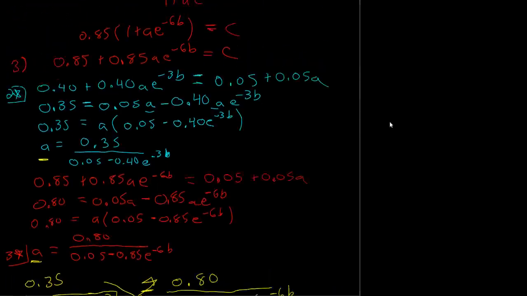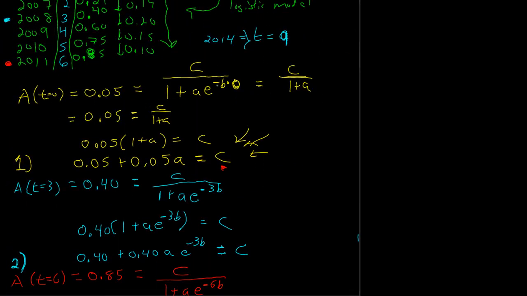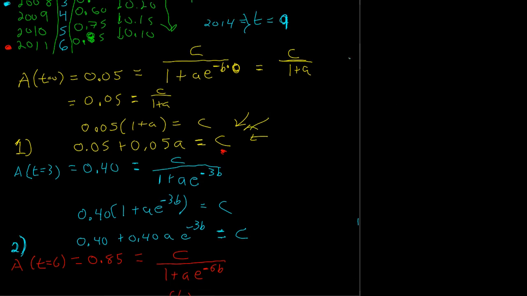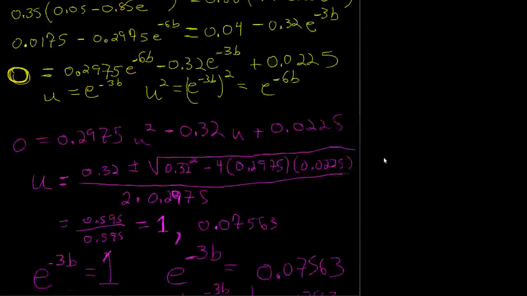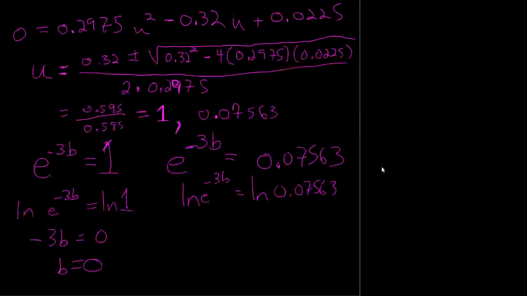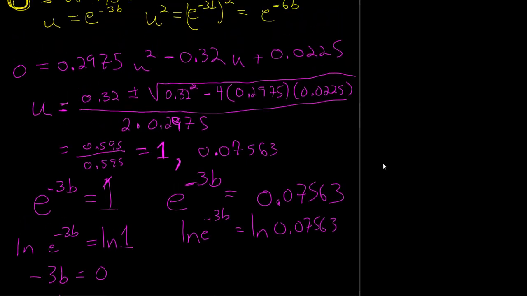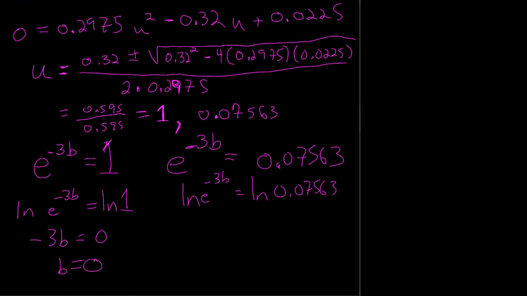If I come back up here and look at my logistic equation, if b is 0, that gives me the c over 1 plus a, not the carrying capacity. It throws me out to this full state where it has chomped off any value over there. So it gives me a point that isn't a value to me. So b equals 0 is not an answer that we're going to take, but we'll take this other side.